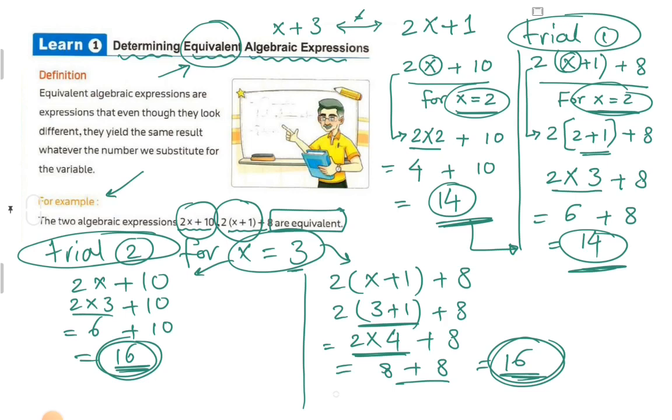If we find that when I do some trial and this number not equal to this, so not equivalent. If this number not equal to that number, not equivalent. But here in this case it's the same number as two trial. Okay, now it's equivalent expression.